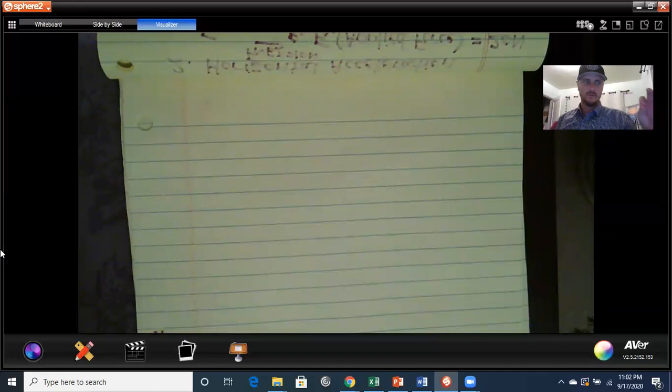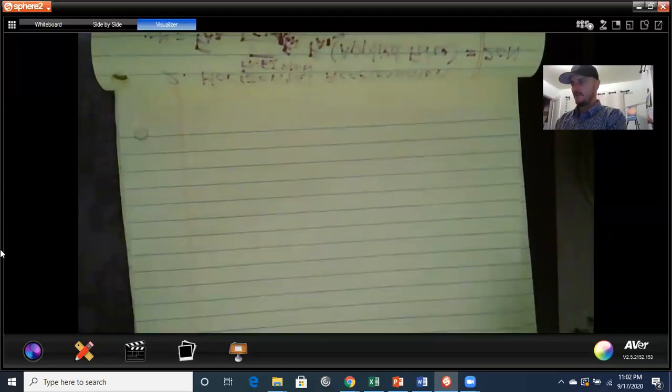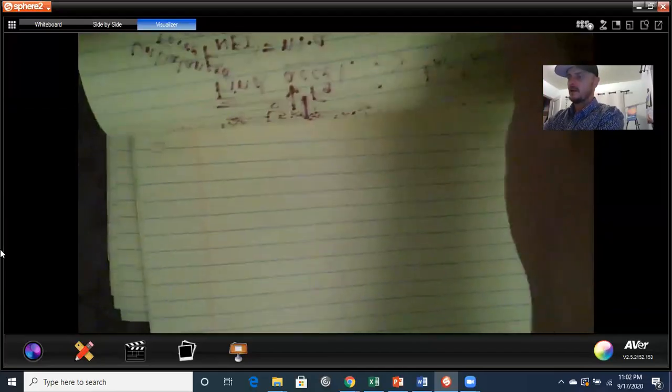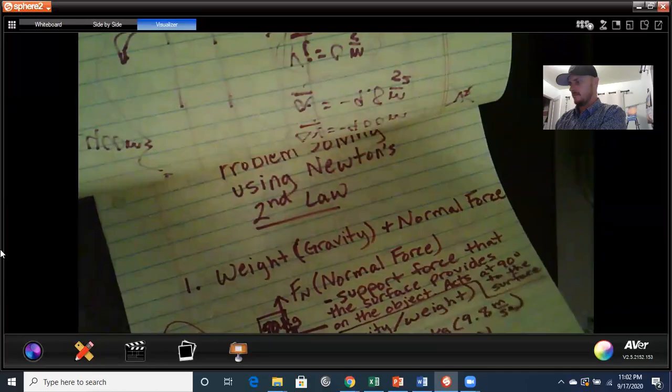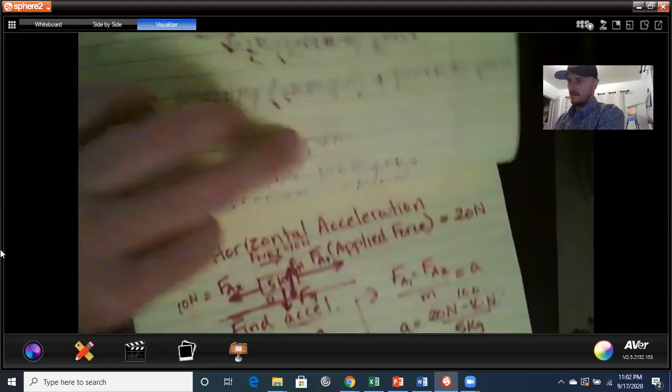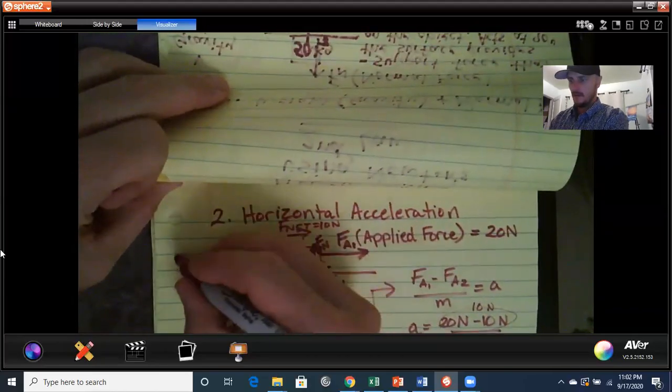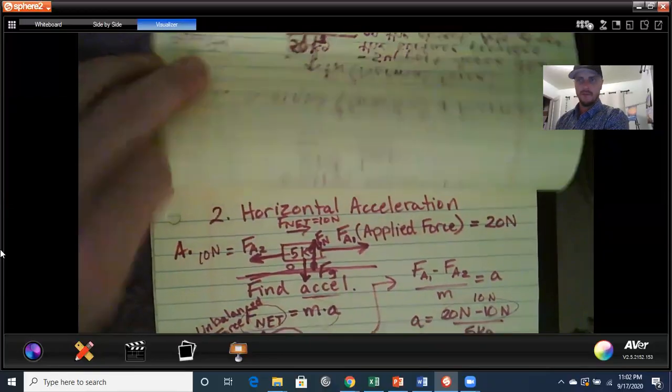We did number 2, which is horizontal acceleration. Let's do another problem. In fact, on that last problem, why don't you put an A in front of that? I would call this problem A, right? And now let's do problem B.